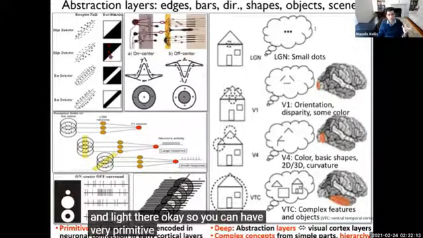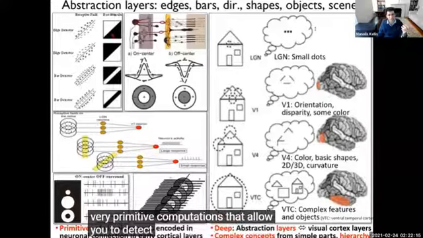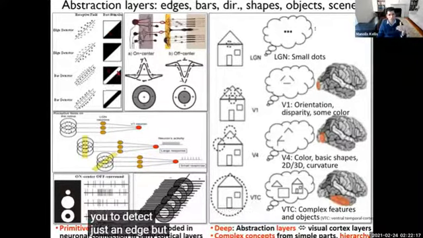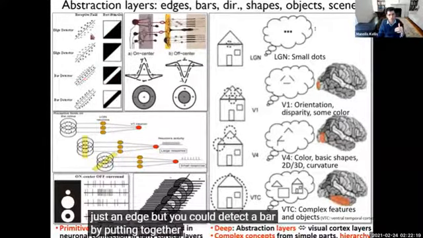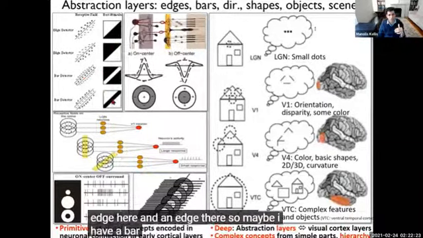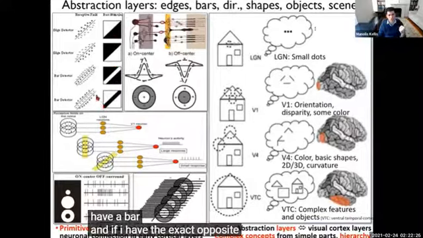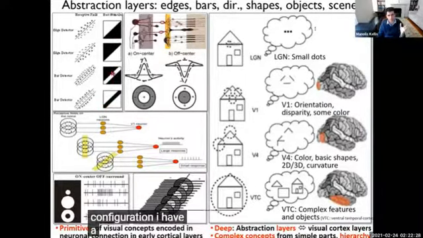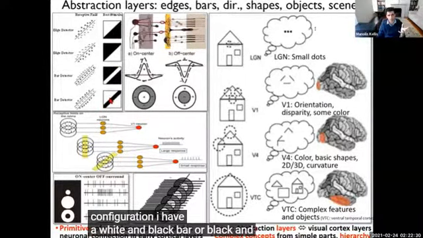So you can have very primitive computations that allow you to detect just an edge. But you could detect a bar by putting together these primitives. Basically, I have an edge here and an edge there, so maybe I have a bar. And if I have the exact opposite configuration, I have a white on black bar or black on white bar.